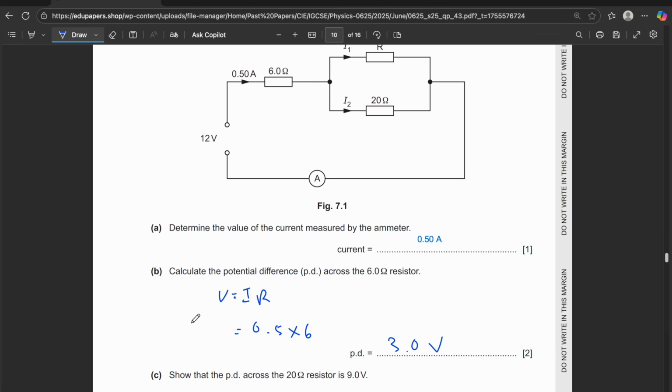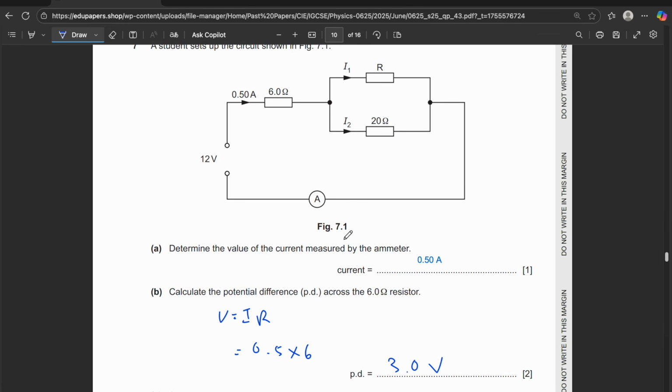C. Show that the potential difference across the 20 ohms resistor is 9.0 volts. Voltage is shared between components in a series circuit. So this whole thing is 12 and this gets 3.